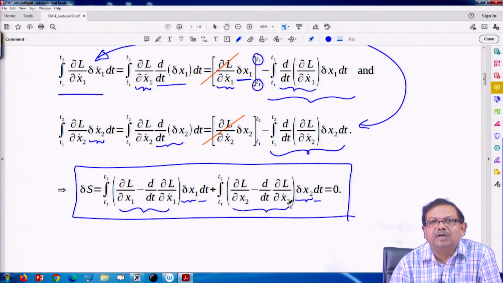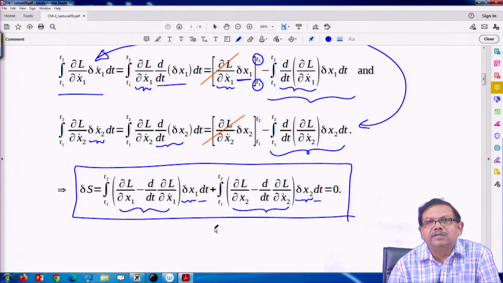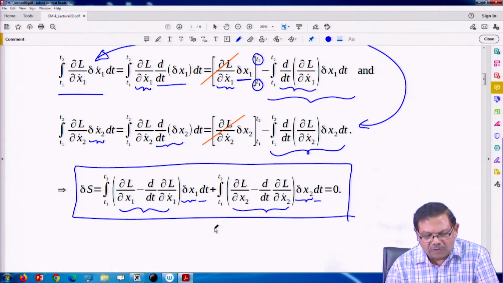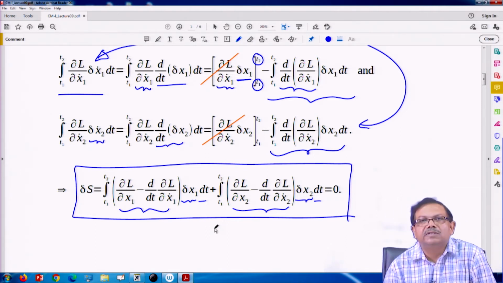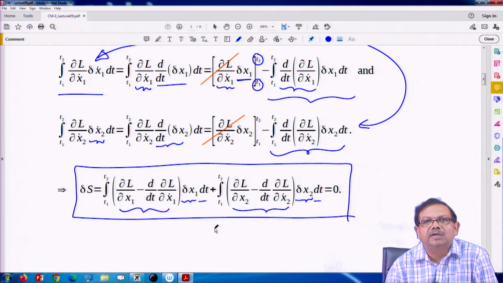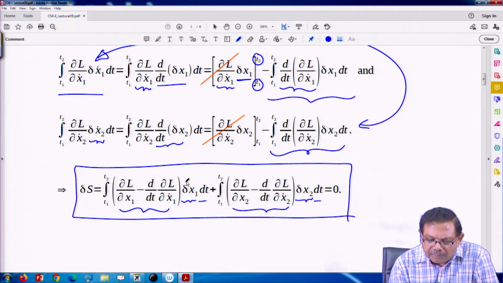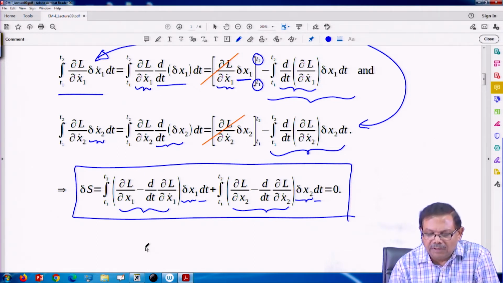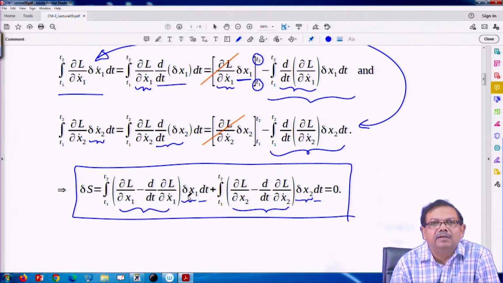Earlier our argument was, when we had chosen generalized coordinates, the number of generalized coordinates was the same as the number of degrees of freedom. So, these variations delta q 1, delta q 2 for generalized coordinates were independent variables and we could vary them independently.